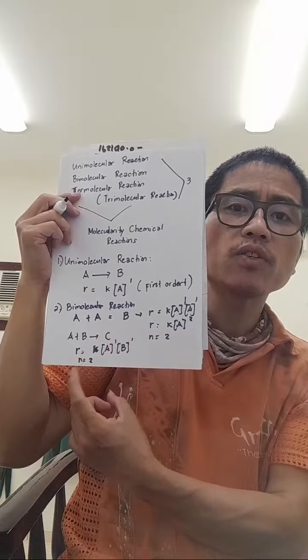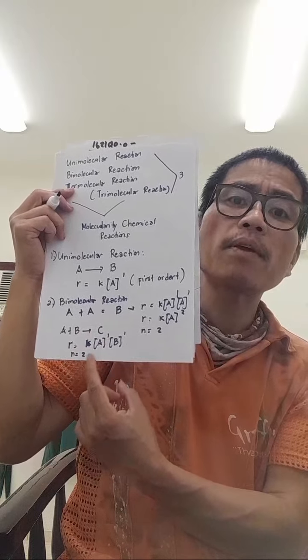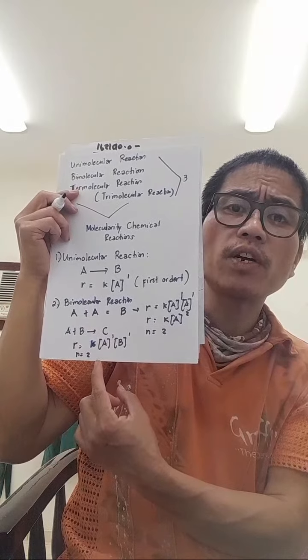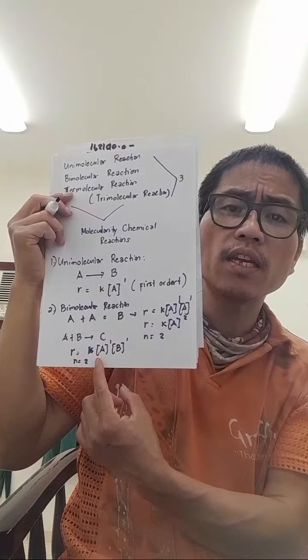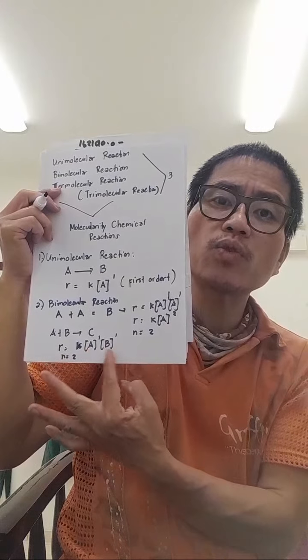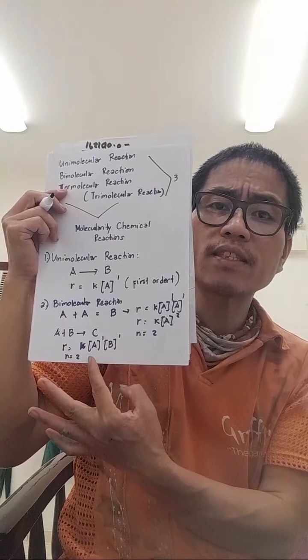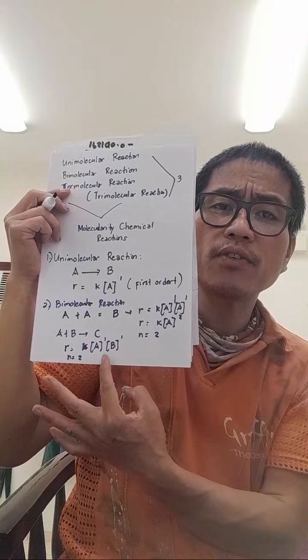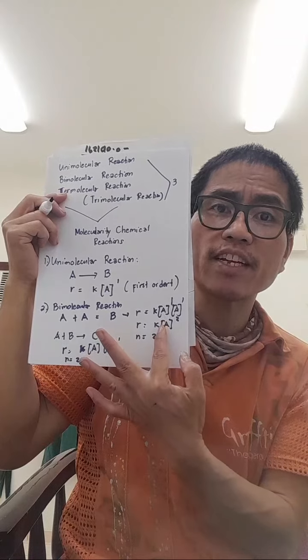The rate law is k times reactant A, whose coefficient is 1, raised to the power 1, times B raised to the power 1. So the overall reaction order is 2, but the order of reaction with respect to A is 1, and with respect to B is also 1, because there are two different types of reactant here.